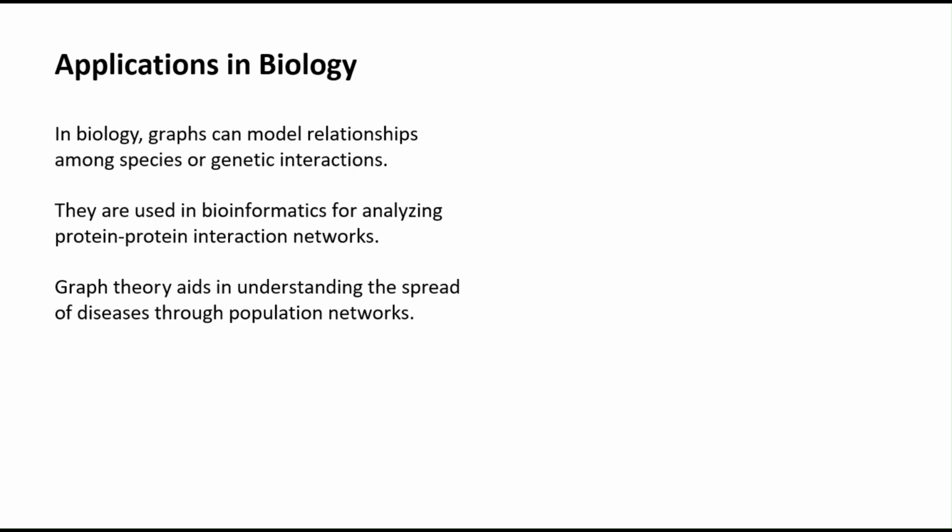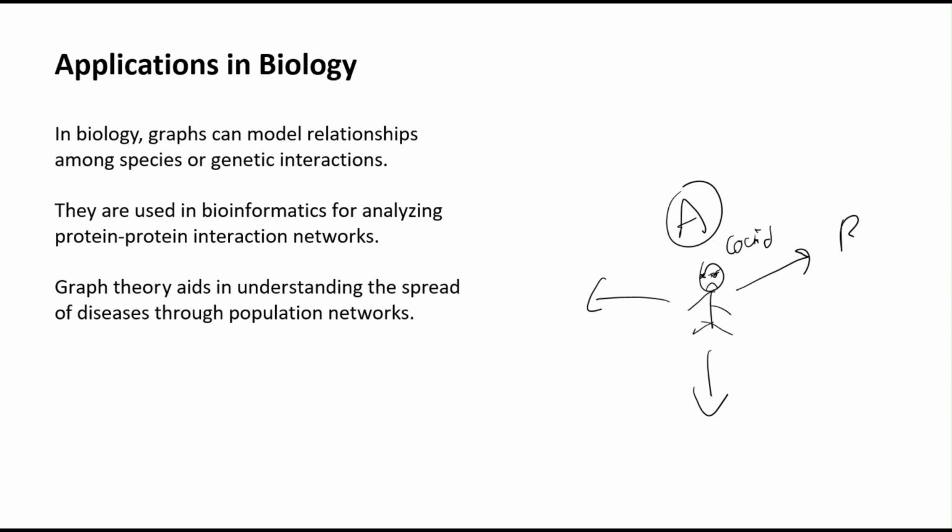Next, they are used in bioinformatics for analyzing protein-protein interaction networks, and in understanding the spread of disease through population networks. So, say person A has a disease called COVID. Before knowing that he is affected by COVID, he has interactions with three persons, B, C, and D. So, all these three persons will have COVID now, since COVID is a communicable disease.